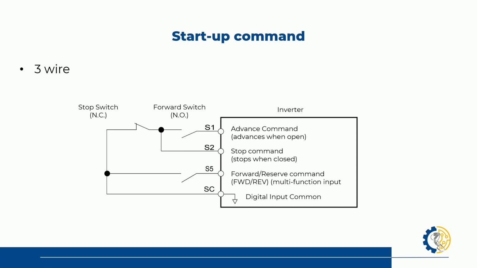So today I'm going to be showing you guys about digital inputs, because we saw our connection type for our digital inputs. Remember that we have two types: our two-wire connection and our three-wire connection.